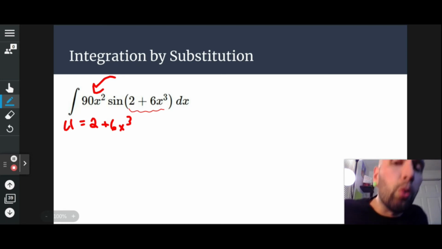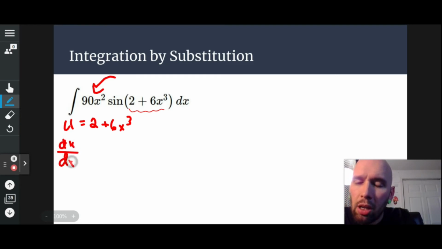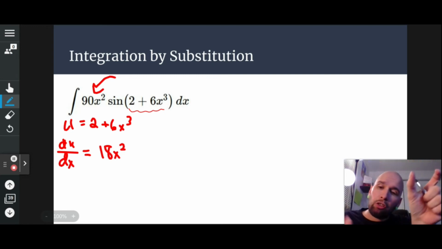I'm going to take its derivative. So the derivative of U is du dx, which is going to equal 18x squared. I'm going to flip the 18x squared and the dx.